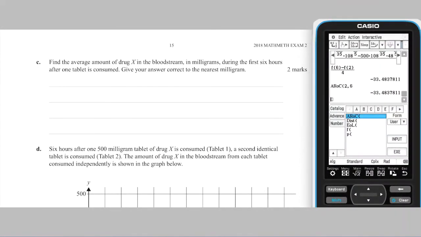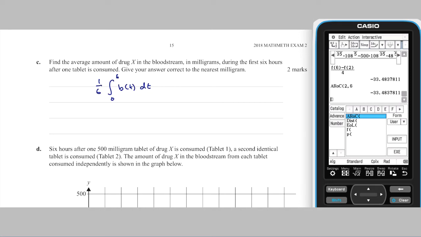Part C. The average amount of the drug in the bloodstream during the first 6 hours can be calculated as 1/6 multiplied by the integral from 0 to 6 of the function.